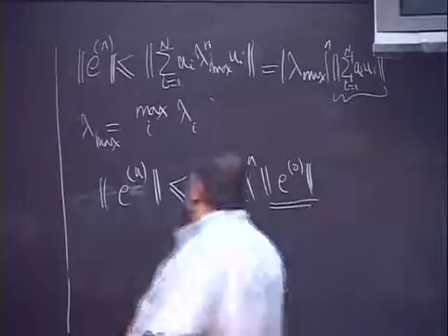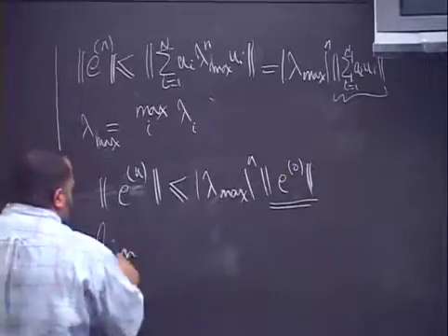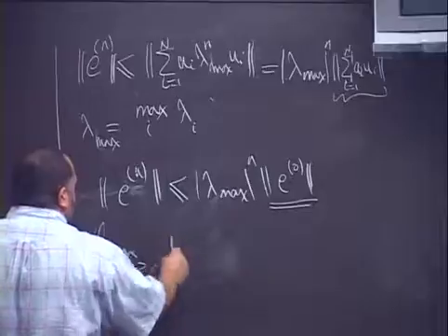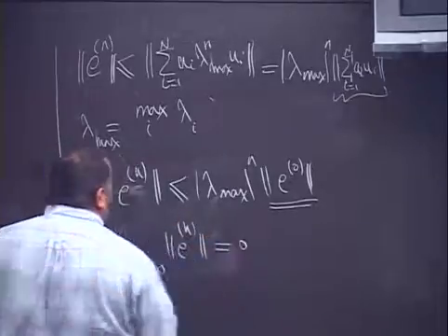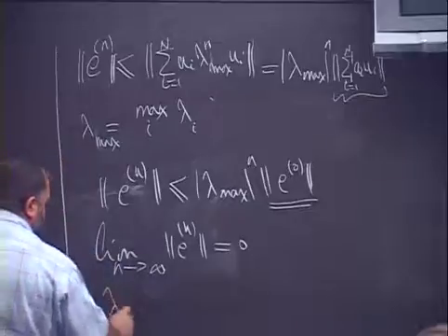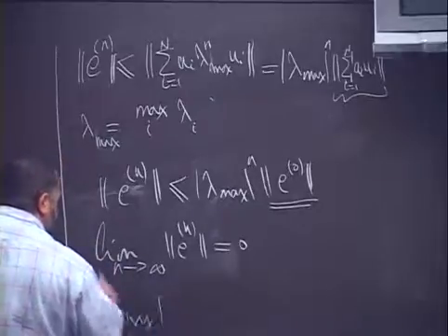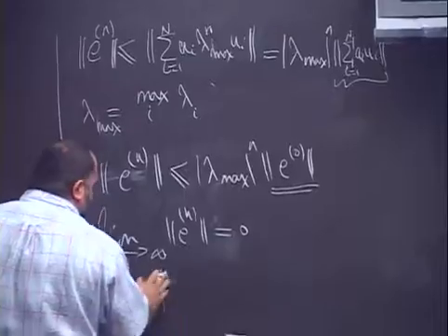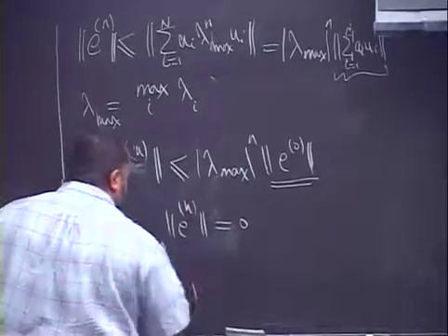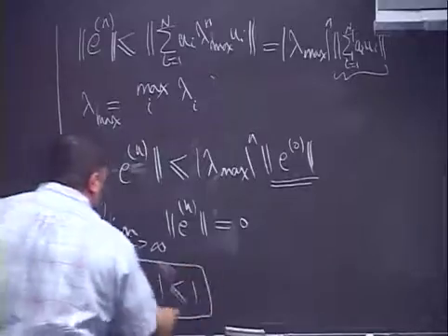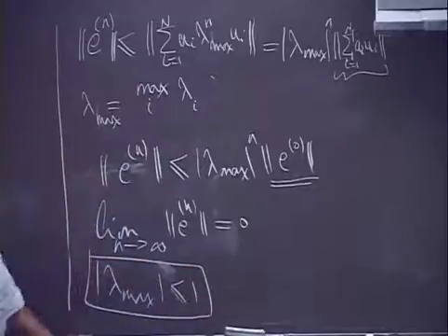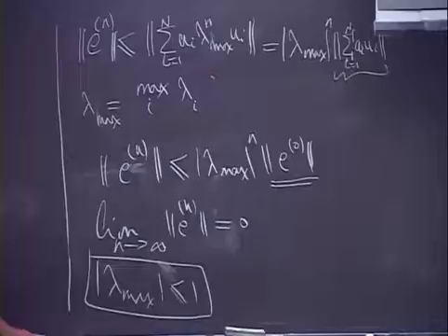So the condition for the limit when n goes to infinity of En equal to 0 entails that lambda maximum is less than 1. And this is the derivation that we stated last time.